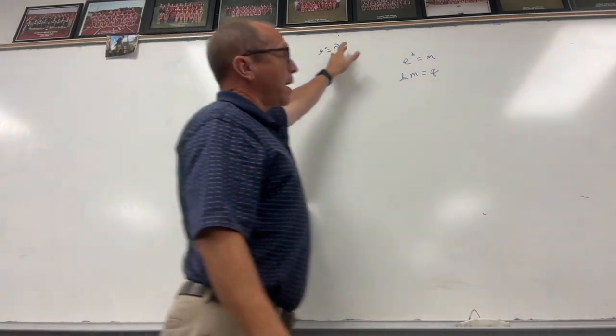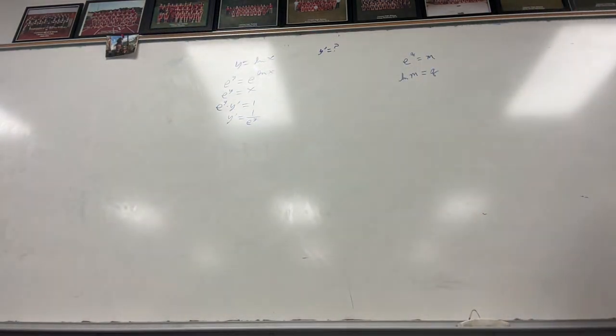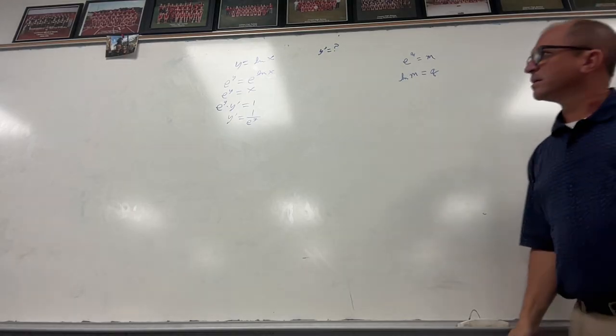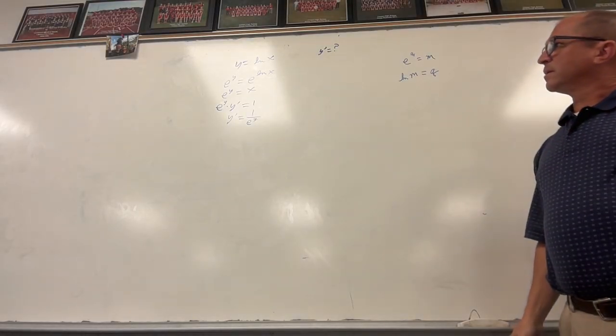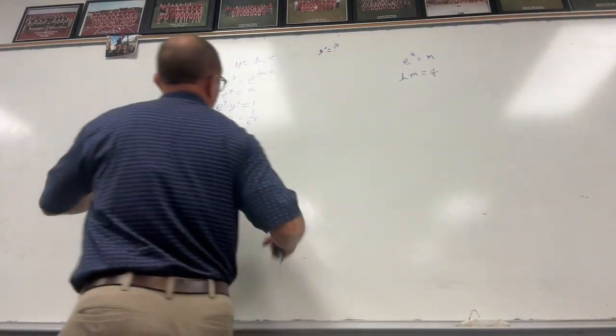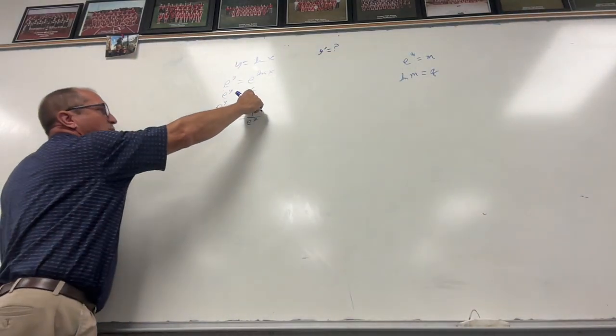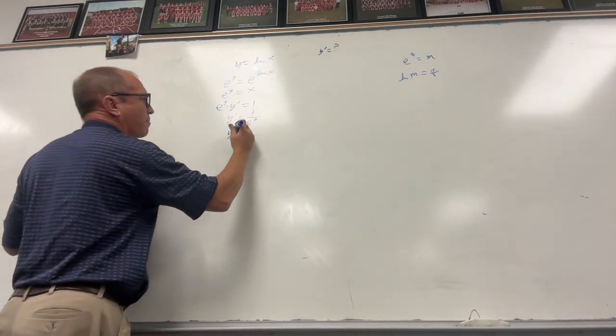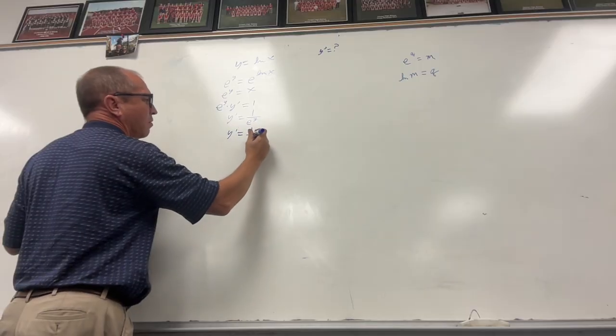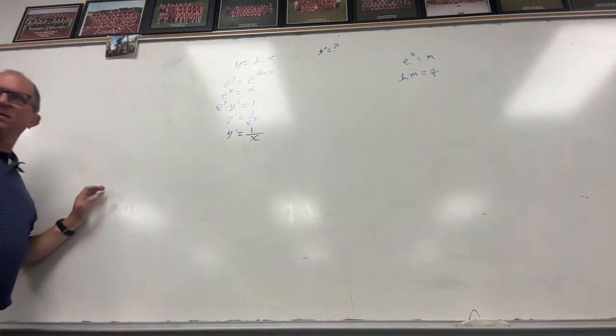And I want to know what y prime is, right? But I actually want to know what y prime is in terms of x. Well, what do I know right here? I know that e to the y is equal to x. So y prime is going to be 1 over x.